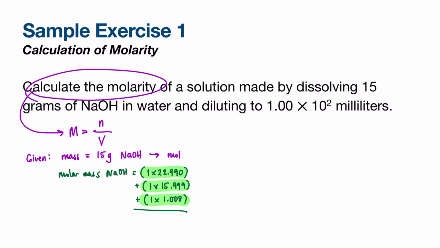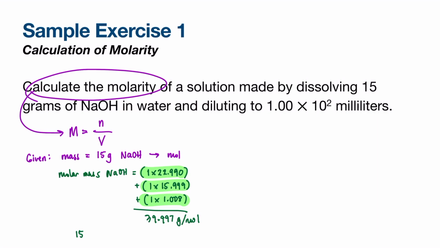Therefore, the molar mass of sodium hydroxide is equal to 39.997 grams per mole, meaning every 1 mole of sodium hydroxide weighs 39.997 grams. And that is going to be our conversion factor in converting 15 grams of sodium hydroxide to moles of sodium hydroxide. So now let's convert.